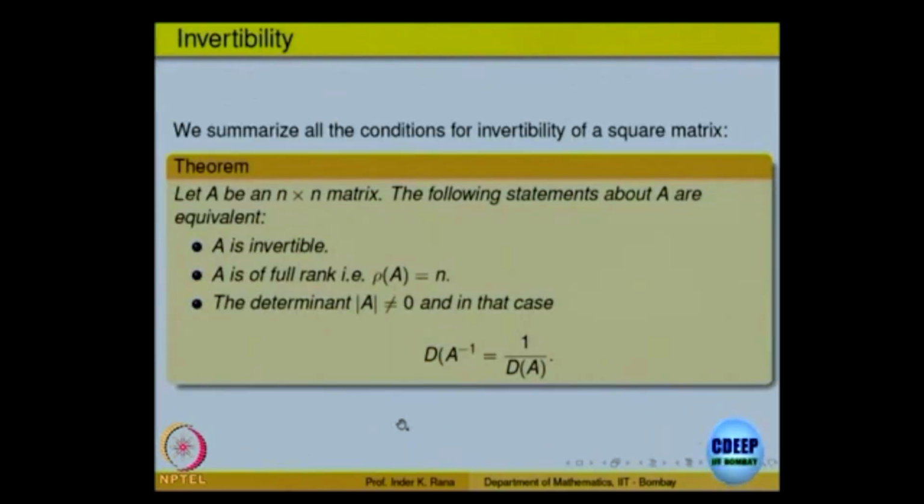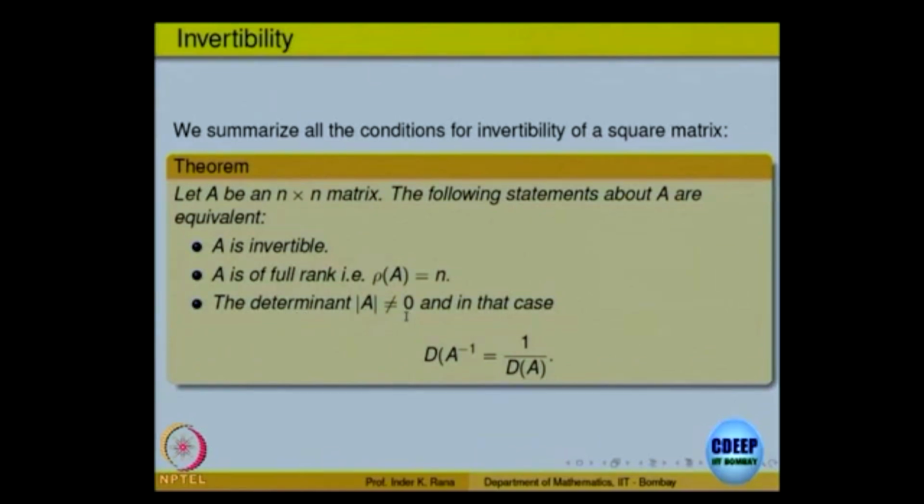So I can now write equivalent ways of describing invertibility. First one was that A is invertible. Now we showed it is equivalent to full rank. Full rank means the reduced row echelon form is the identity matrix. And now we have shown that its determinant is not equal to 0.